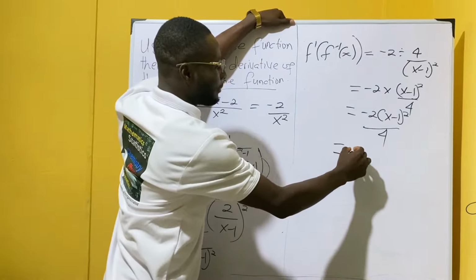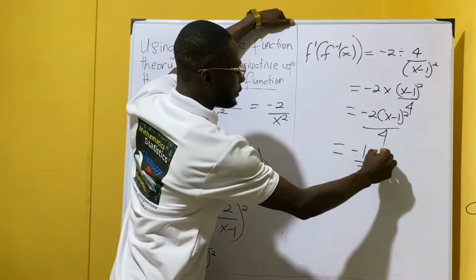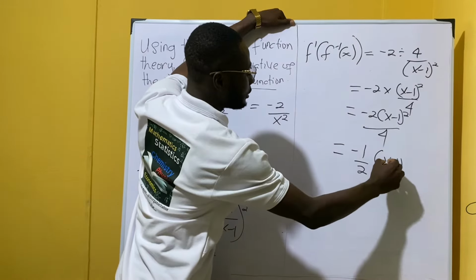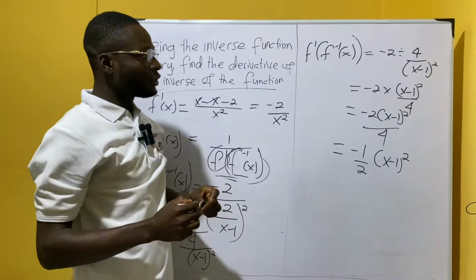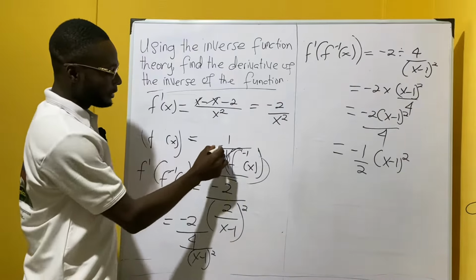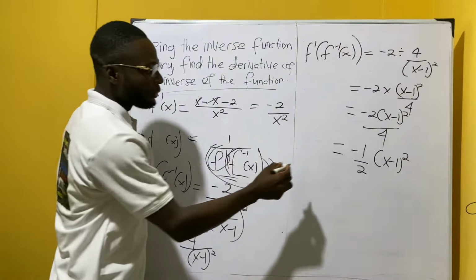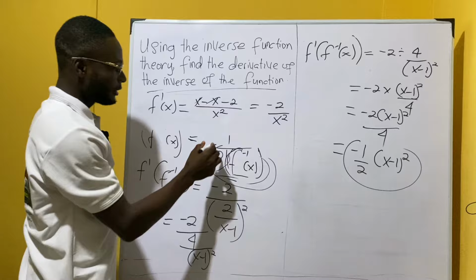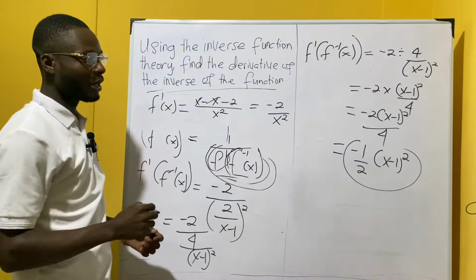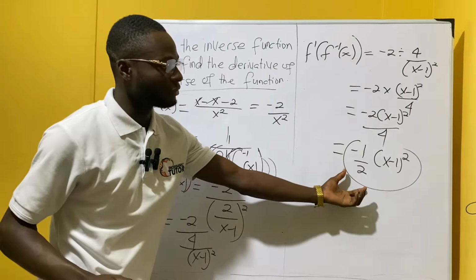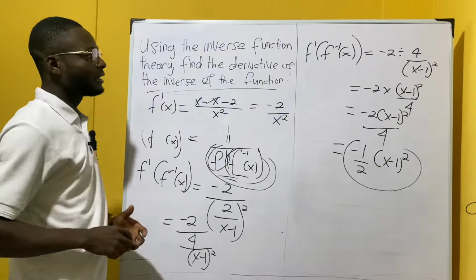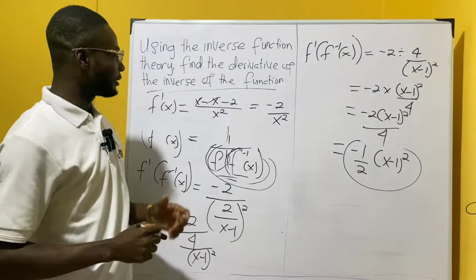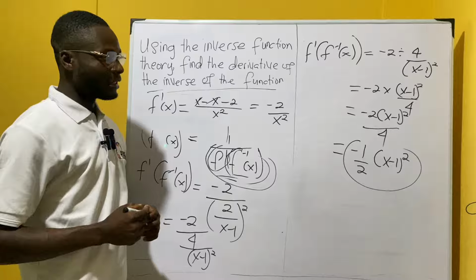And this is minus half into x minus 1 all squared, right? So this has become the denominator, right? So now we can fix this denominator, take it 1 over this function that we have gotten, and then we can have the derivative of the inverse of that particular function we wrote earlier on.